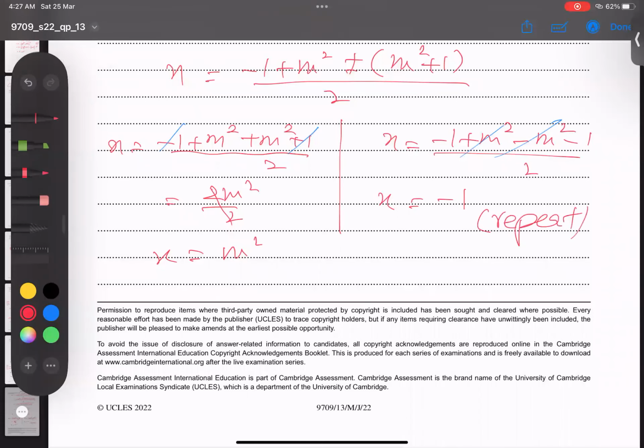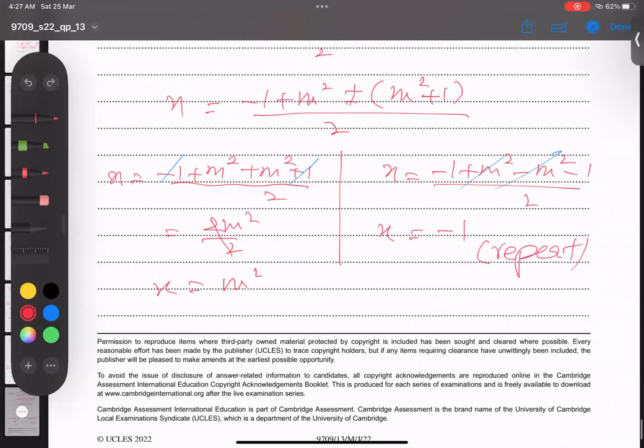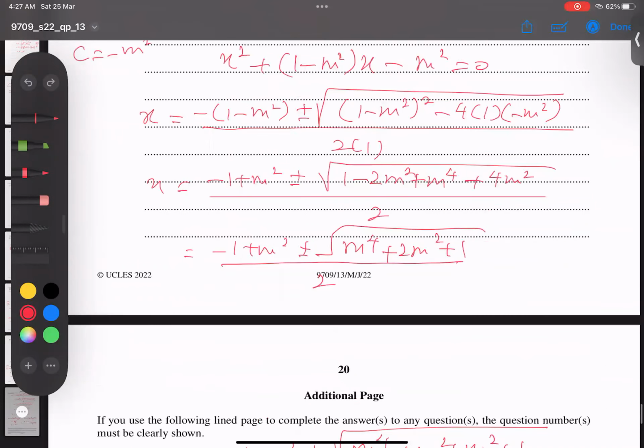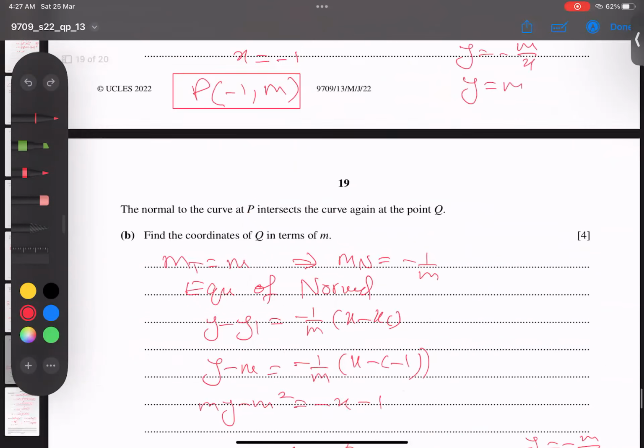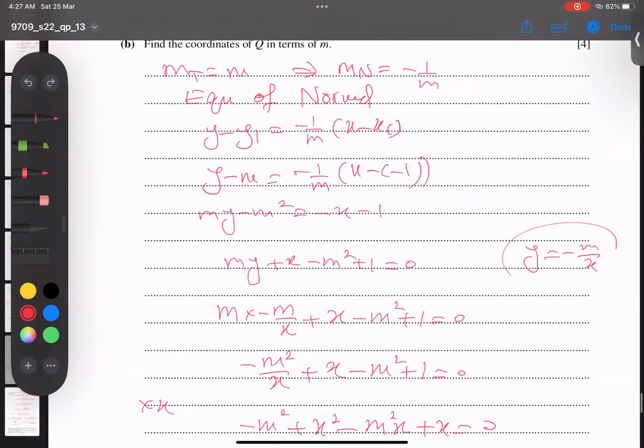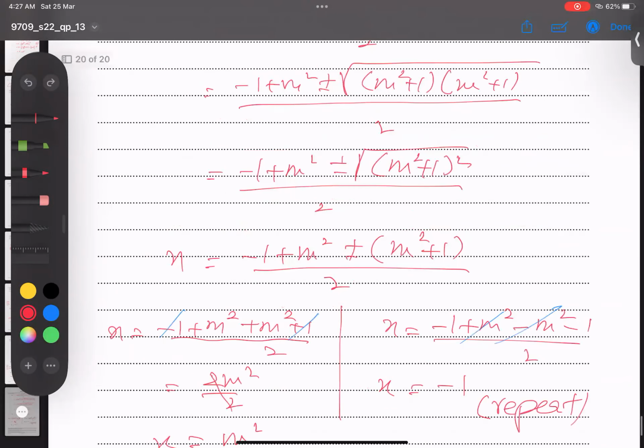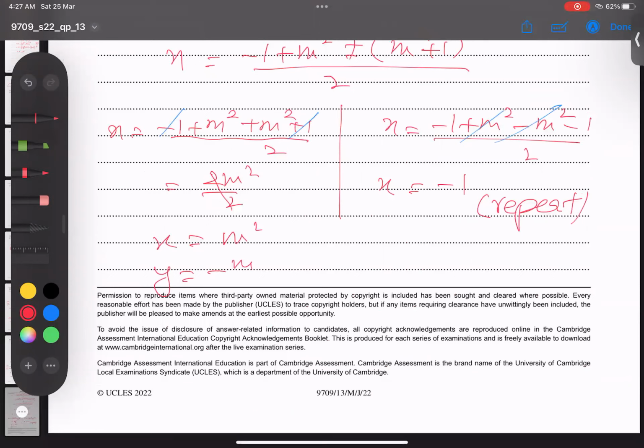This is my answer for x, but I'm looking for the y coordinate. You can put the x value either in the equation of the curve or the equation of the normal, but I think the curve is better. I plug in the x value into minus m over x, where x means m square. After cancellation, I get minus 1 over m.